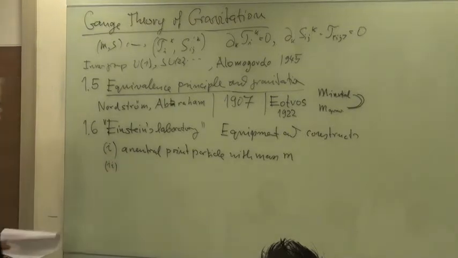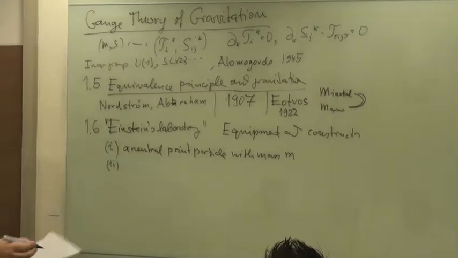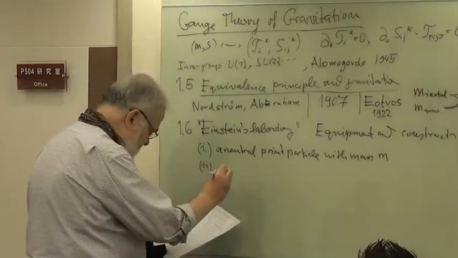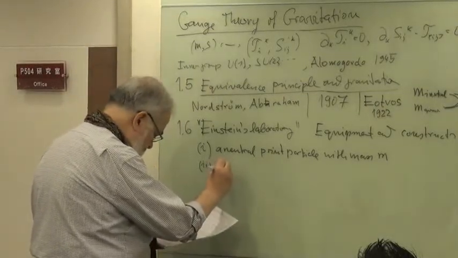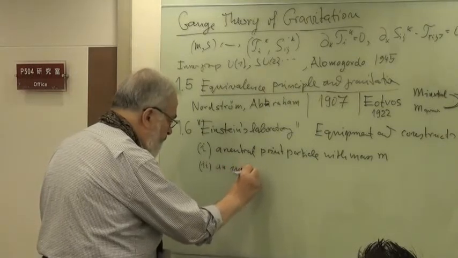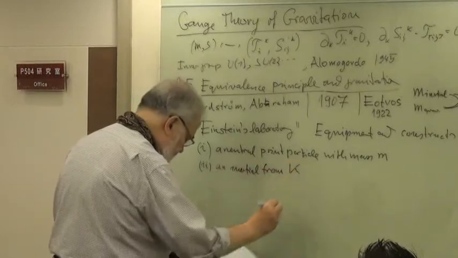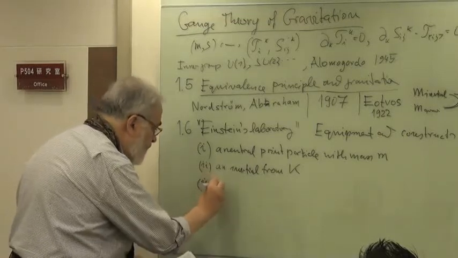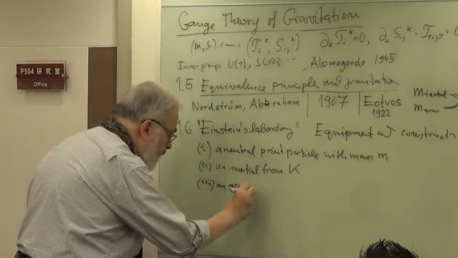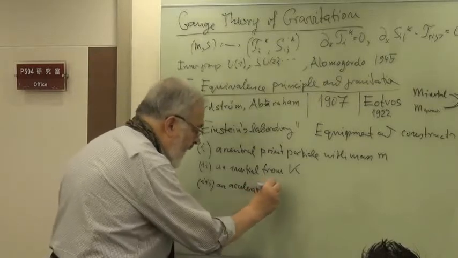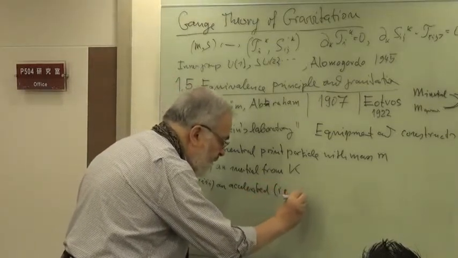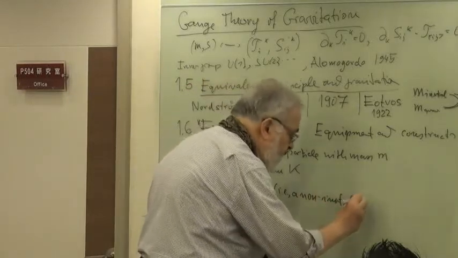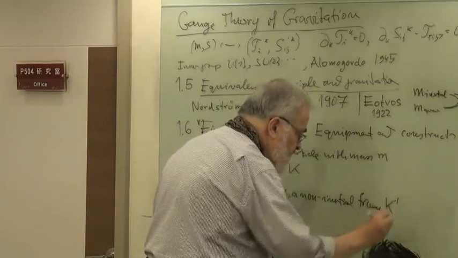which in your laboratory downstairs would not be an inertial frame because it moves on the Earth with respect to the solar system, moves with respect to the galaxy, etc., etc. But we know how to define such a frame, an inertial system, an inertial frame K, and third, an accelerated, i.e. non-inertial frame K'.